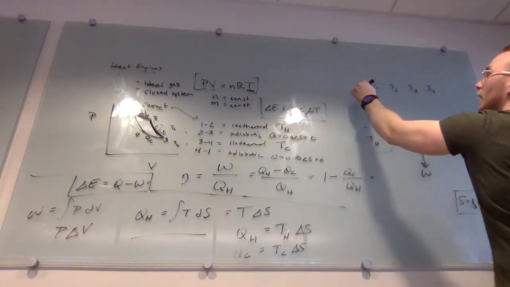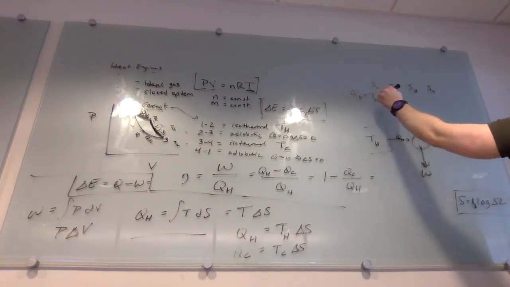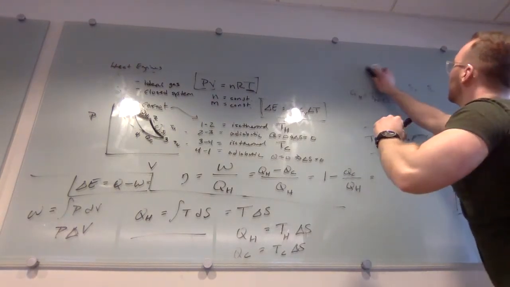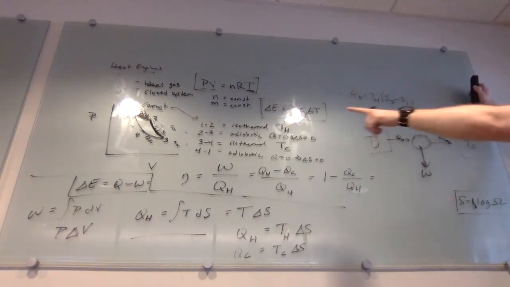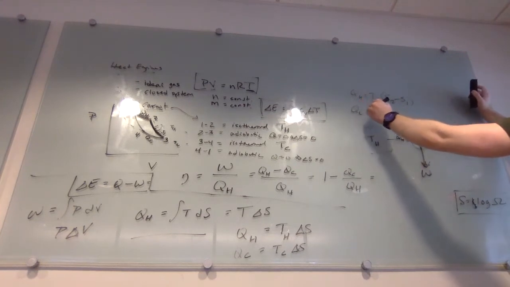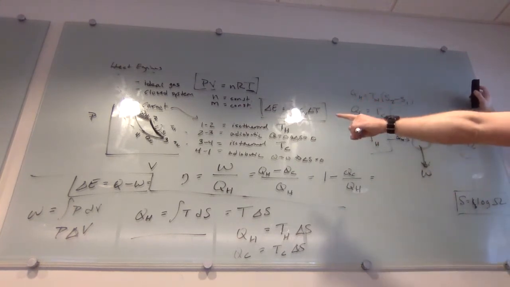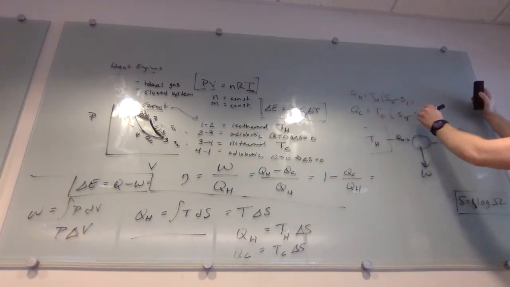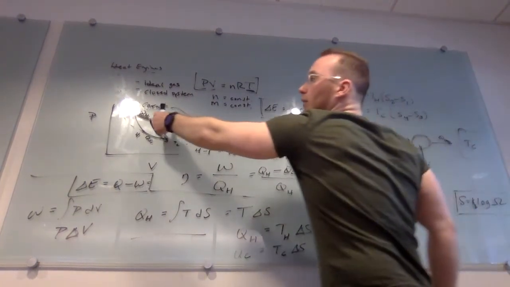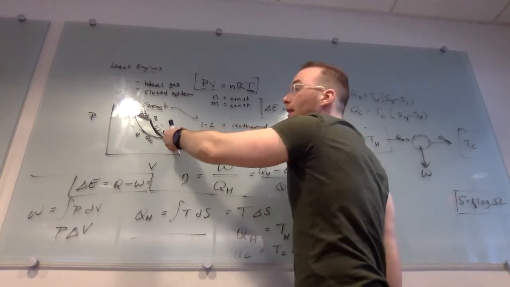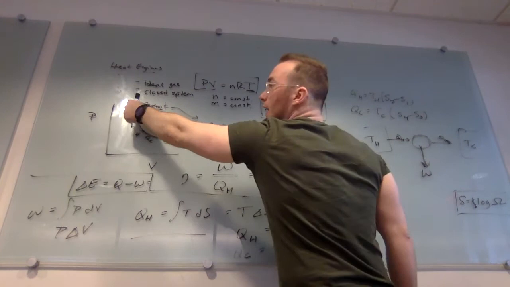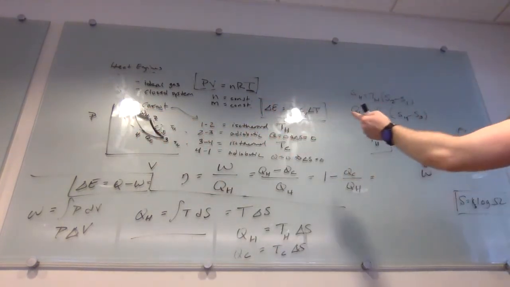So I really should write Q hot is T hot times S2 minus S1. And then Q cold is T cold times S4 minus S3 or something. But because we know these are adiabats, meaning constant entropy, S2 and S3 are the same, and S1 and S4 are the same.